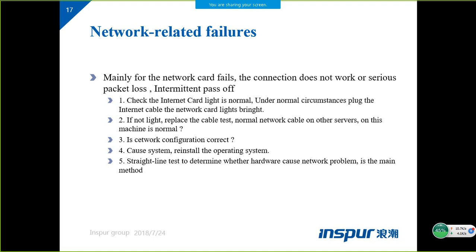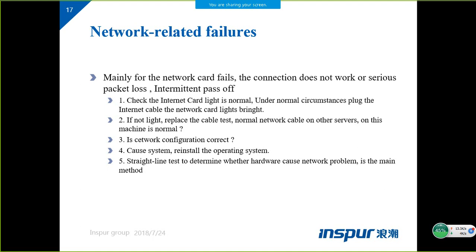Actually, from our experience, we faced a lot of network issues. Some of them are caused by the customer.